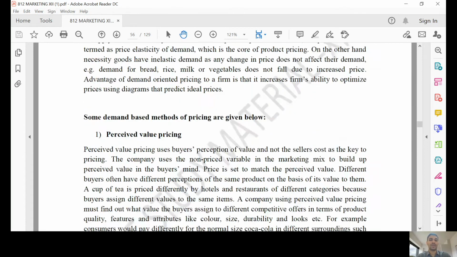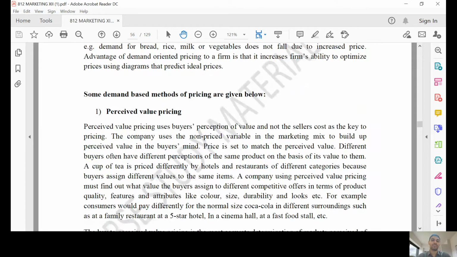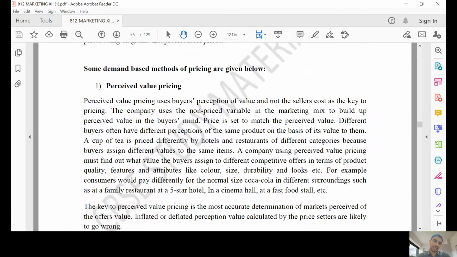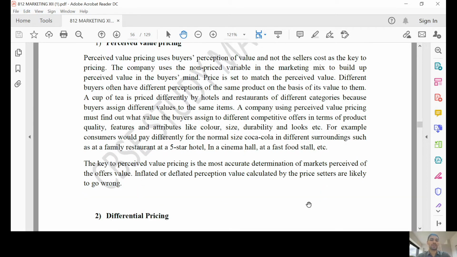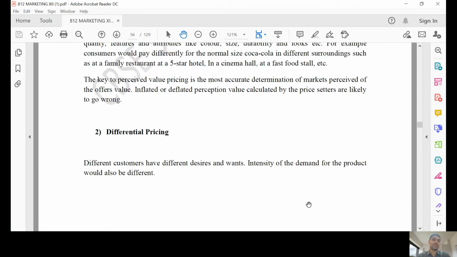And there are different types of demand-oriented pricing, like perceived value pricing, where the product is sold according to the perception of the customer. The price is fixed according to the perception of the customer. An example is the iPhone, where the product is sold at a higher price because customers perceive that it is a unique product, with lots of features.